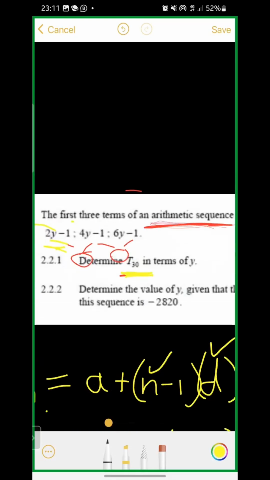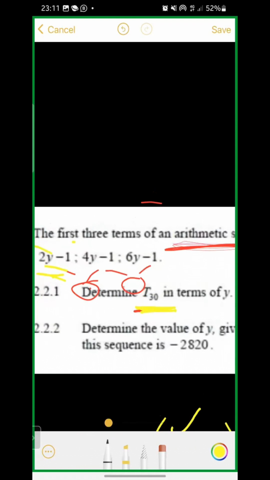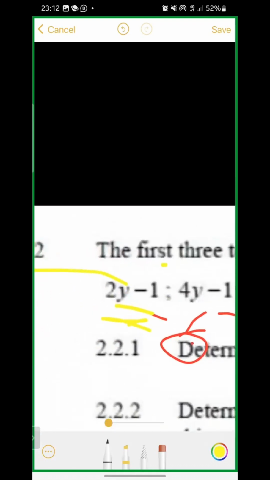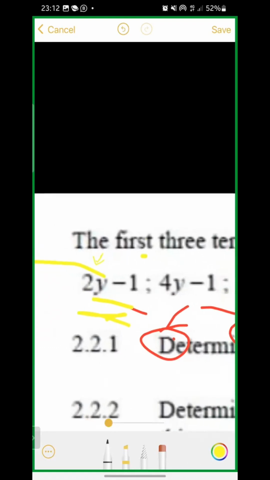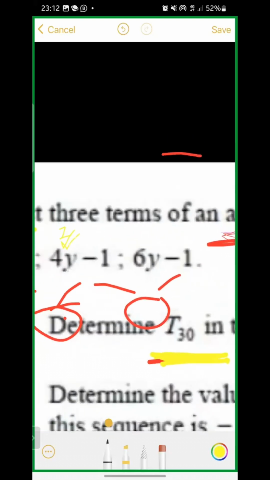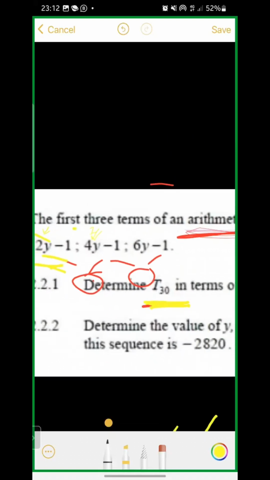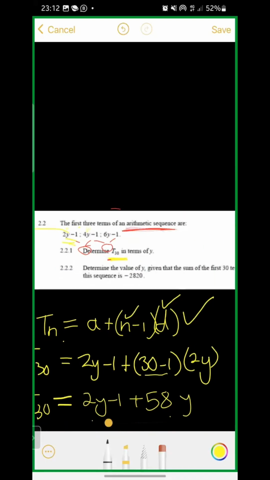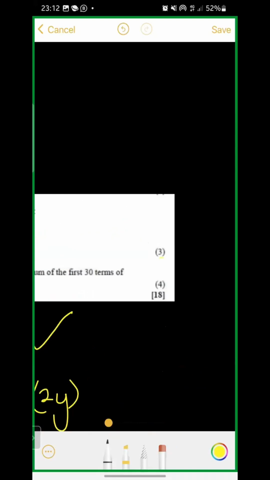So for the 30th term, it will be 30 times 2 minus 1. The coefficient of y in our first term is 2, so we took 1, which is the term number, and multiplied by 2. So that's by observation, and you can already have your answer in your head. But because of the marks, we still need to work it out, because it's also important to check the mark allocation.